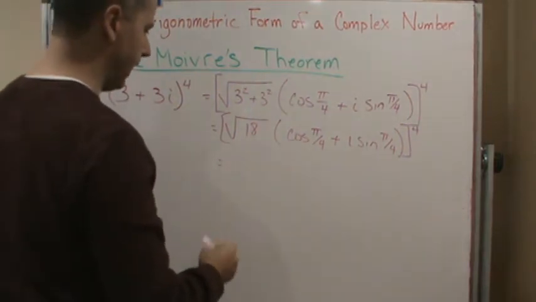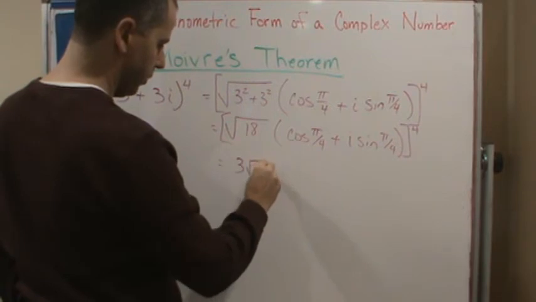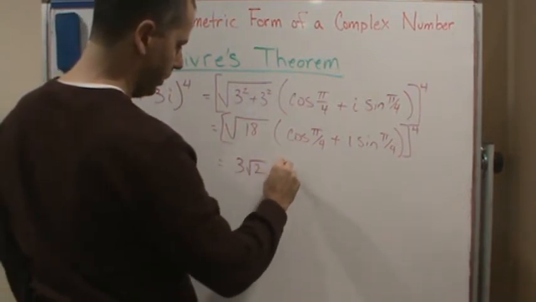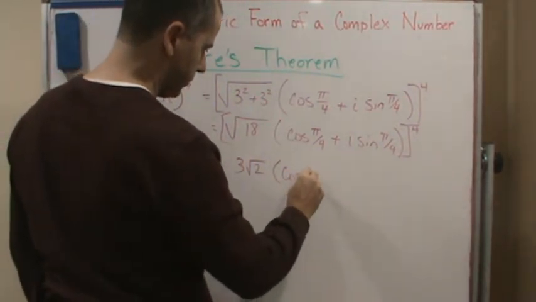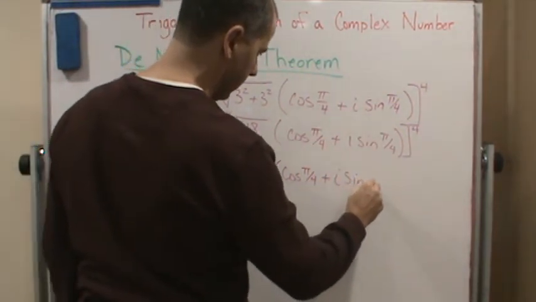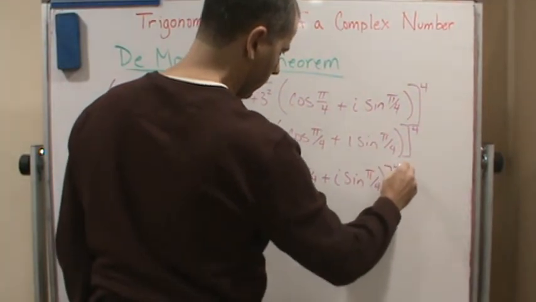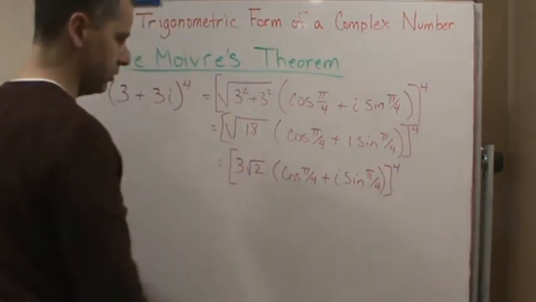Now if I simplify this, what am I going to get? This is going to become 3 root 2 times cosine pi over 4 plus i sine pi over 4, and this is raised to the fourth power.